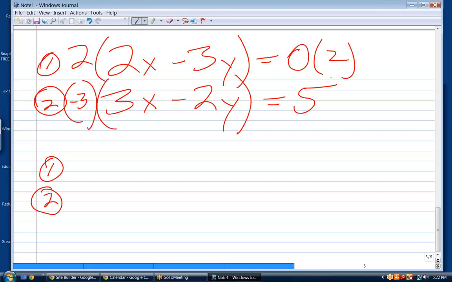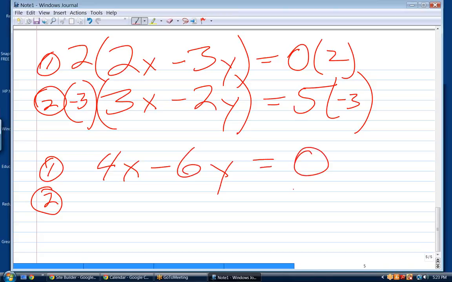I chose those numbers because that is the common denominator. If I multiply the top by 2, I'm going to have minus 6y, and if I multiply the bottom by minus 3, I'm going to have plus 6y. So by manipulating both equations and then adding the results, I'm going to get a variable to disappear. So here's the new equation 1. Here's the new equation 2.